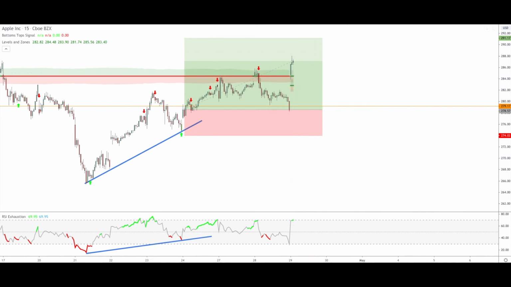So we are now sitting in an upward trend, in a trade where we are expecting the price to move higher, and we are sitting above two supports, and these are going to be two major supports. So if the price wants to come down, it's going to be hard.